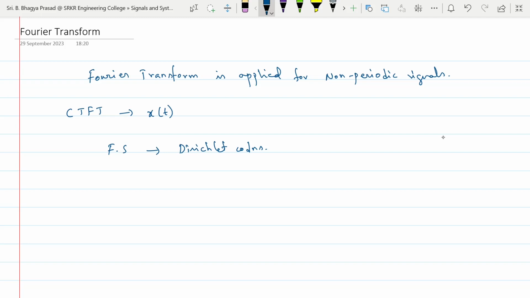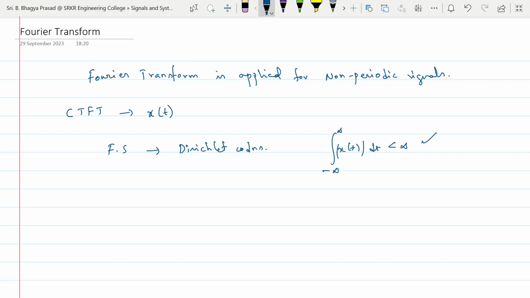Firstly, the integral of mod x of t dt from minus infinity to infinity should be less than infinity. If this is satisfied, the Fourier series and the Fourier transform will exist. If this is not satisfied, we cannot find the Fourier transform for an aperiodic signal.